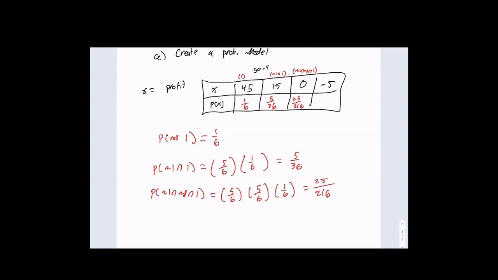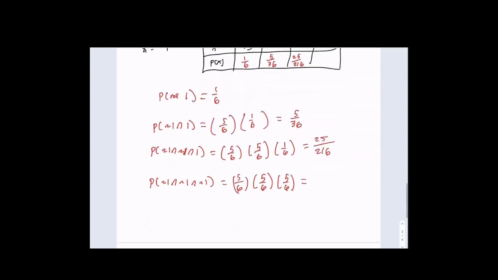Okay. Now I need to figure out, so I know that, so what does the other one have to be? So the probability of everything else is technically not a 1 and not a 1 and not a 1. So if that's the outcome that will end the game, my answer is technically 5/6 times 5/6 times 5/6.